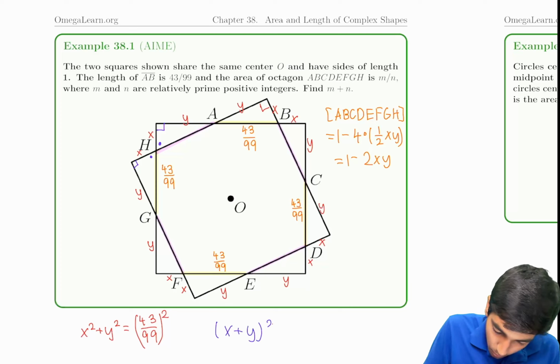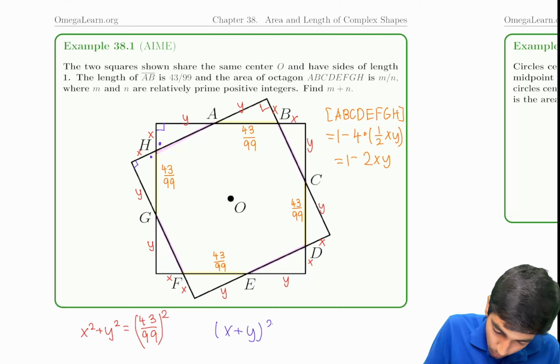So now from here, all we have to do is plug it into our equation above. And now from there, we can just solve for the value of the area of the octagon. So 1 minus 13 over 99 is 86 over 99. And we're asked to find m plus n. So that gives an answer of 185.